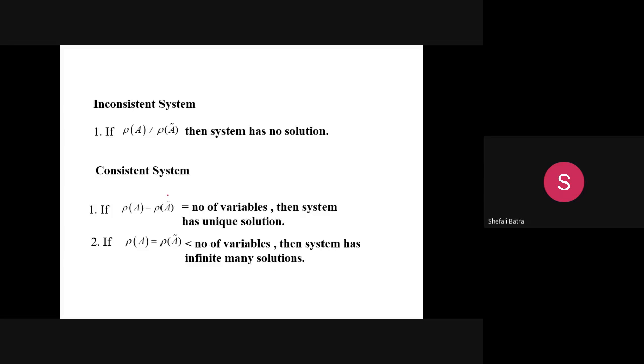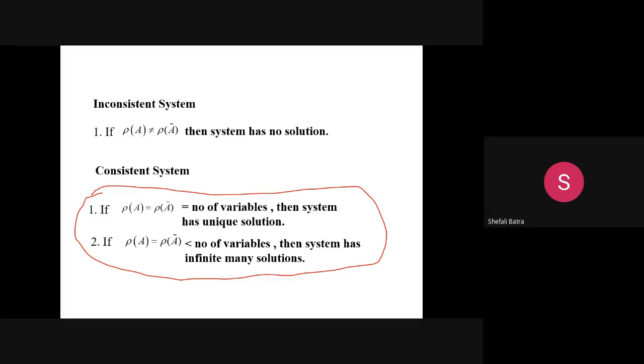Right? So in these two cases, the system is consistent, and in case of no solution, the system is inconsistent. So you need to concentrate on the rank of the coefficient matrix as well as the rank of the augmented matrix.